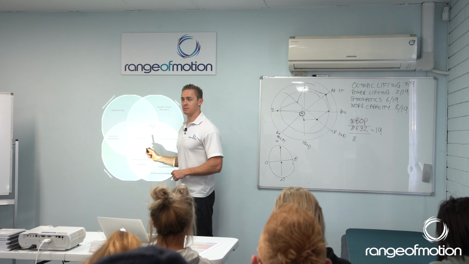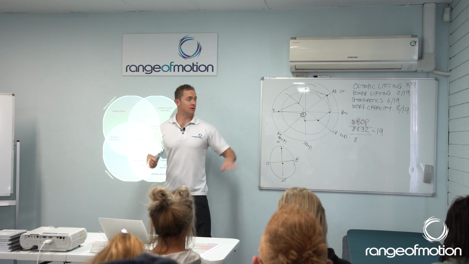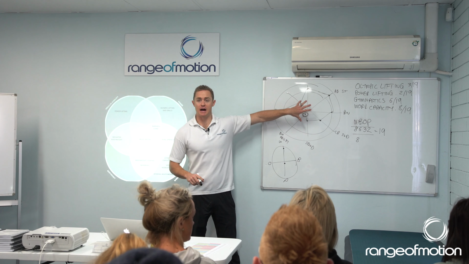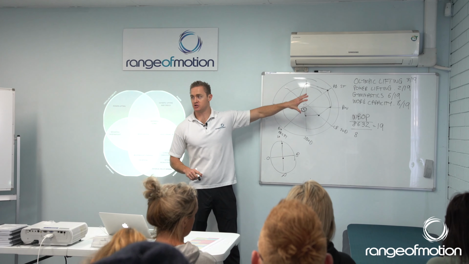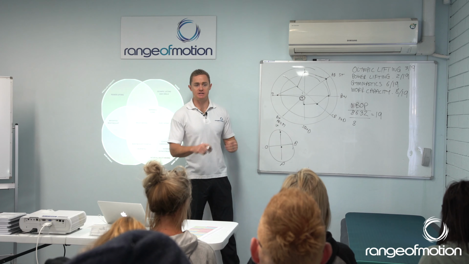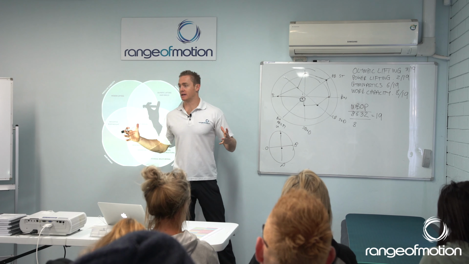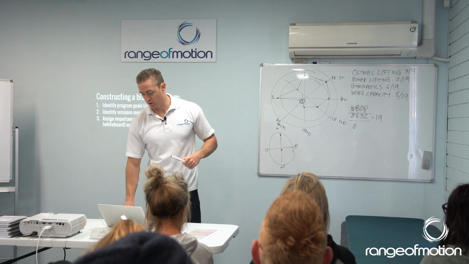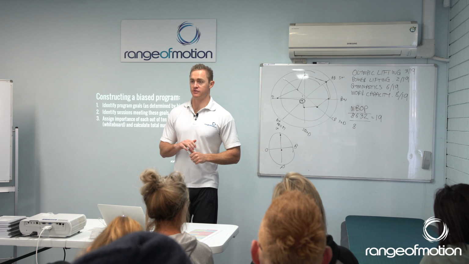Of course, there are going to be some overlaps, but if we can do that, then we're guaranteed that we're going to be taking an athlete from being unbalanced, from having these major strengths and weaknesses, these major deficiencies, to being more balanced. Then we can increase the size of that circle. And that's how we go from identifying the goals of an athlete to working our way down and saying, how often do we actually do each of these sessions?